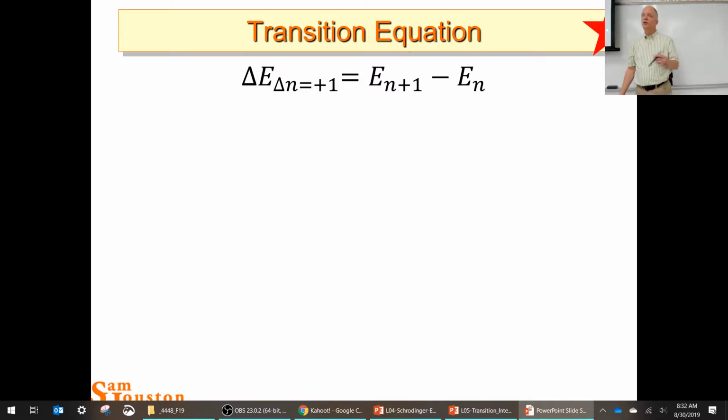And you can actually solve for this. Once you get the Schrodinger equation, it tells you what the energies are, and you can just take the differences in energies.